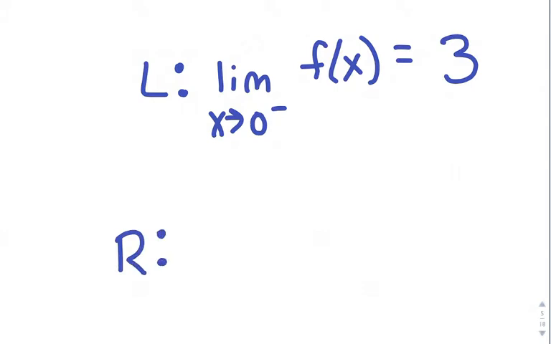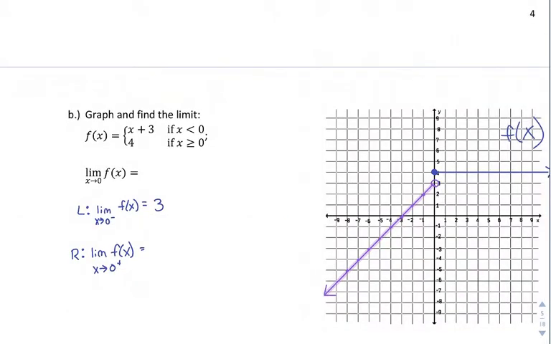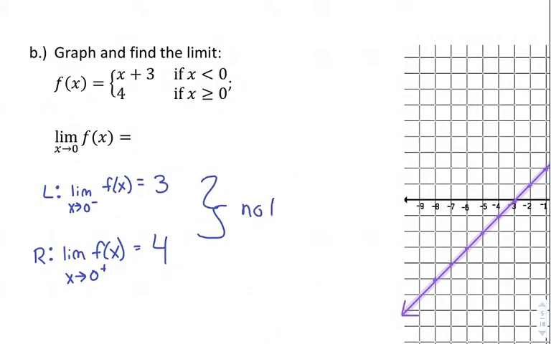Then I have to see if my right hand limit would be the same. So my right side, I'm looking over here. As I approach 0, I notice my y value gets closer and closer to 4. So these are not equal. 3 does not equal 4. Therefore, the limit does not exist.